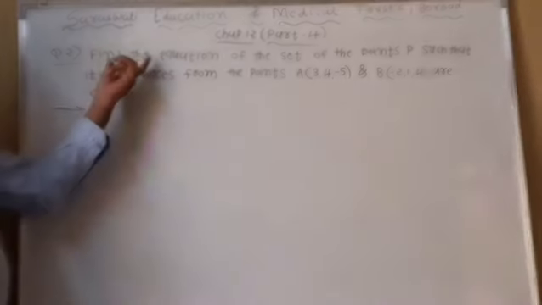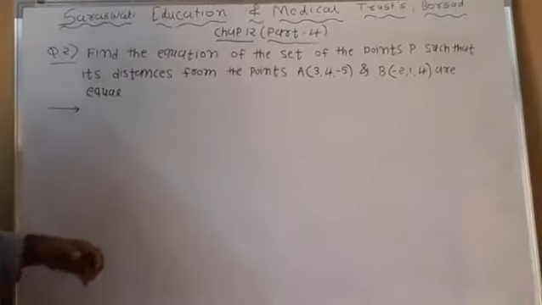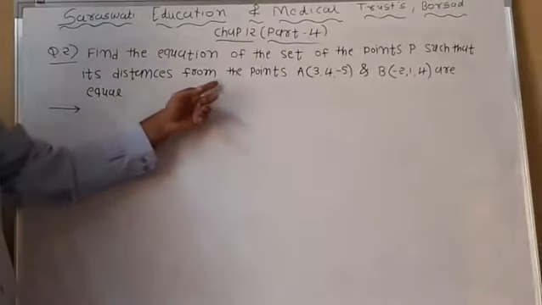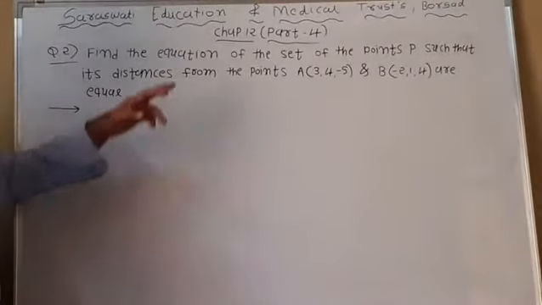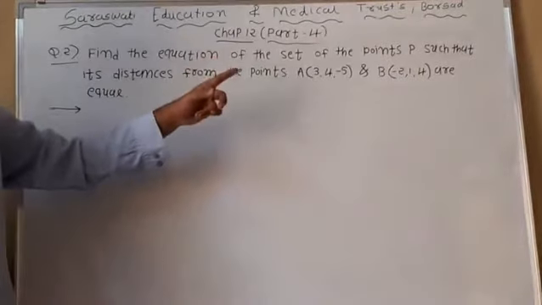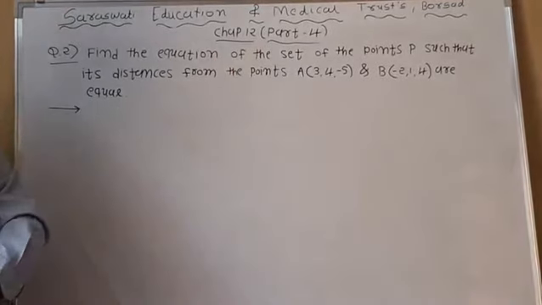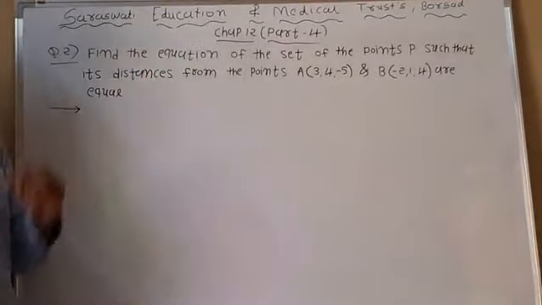Next question. Find the equation of the set of points P such that its distances from the points A and B are equal. So here one point P is present, and the distances of the point A and the point B from it are equal. Our question is to find out the equation.